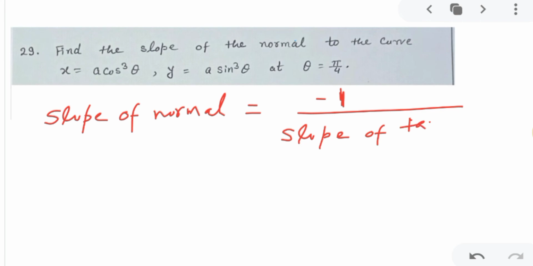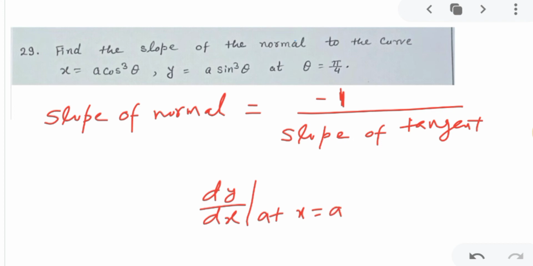And how to find the slope of tangent? Just now I told. What is the slope of tangent? dy upon dx at x equal to a. Correct? This is the slope of tangent. So you can write these two as formulas.